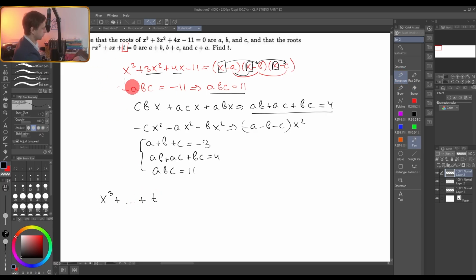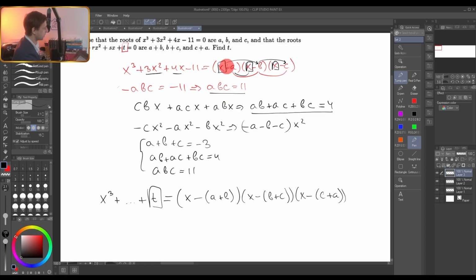We will not write all this equation, but it can be represented in the next way: x minus first root, (x minus (a plus b)), then (x minus (b plus c)), and then (x minus (c plus a)).